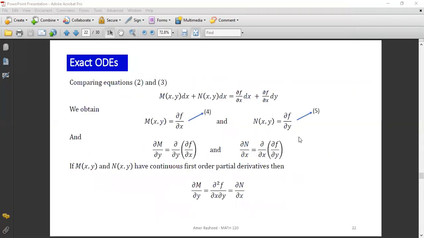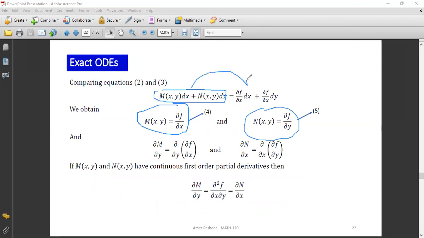Now, on the previous slides, you can see that in equations 4 and 5, we compared this M of xy dx and N of xy dy with the differential of f of xy.